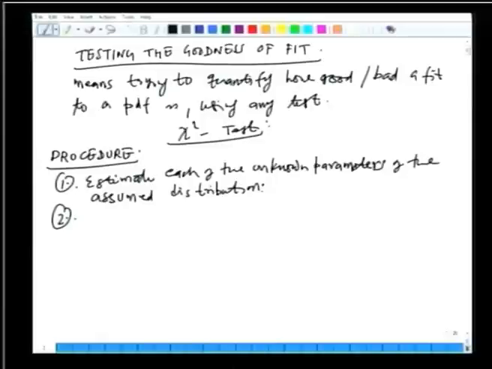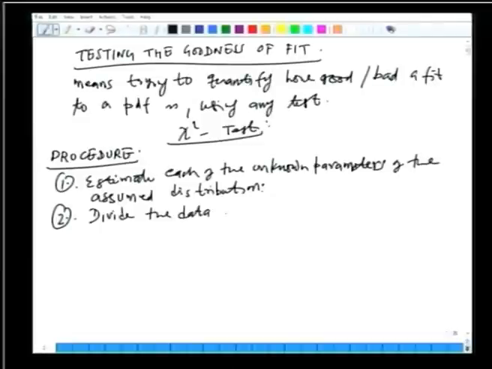The second step is we divide the data. What have we done in the first step? We have used the data that is available. And what do we do in the second step?